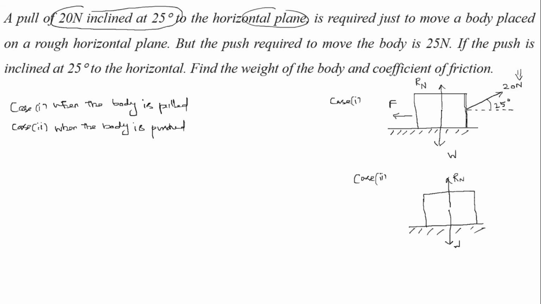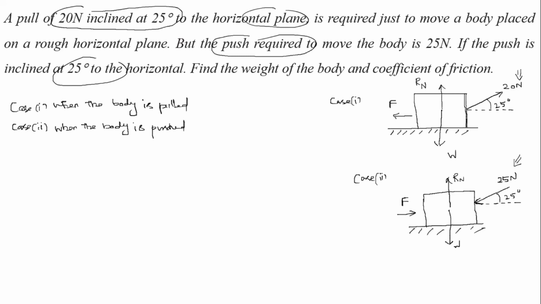Now instead of pulling, the push required to move the body is 25 Newton, and the push is inclined at 25 degree with respect to horizontal. Here the pushing force has magnitude 25 Newton. The frictional force is acting opposite to the direction of applied force. The force is applied towards left side and the frictional force is acting towards right side.